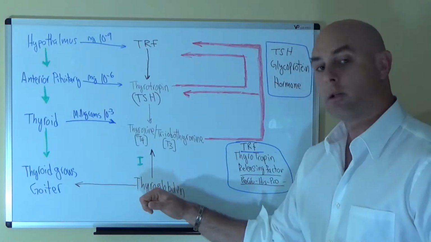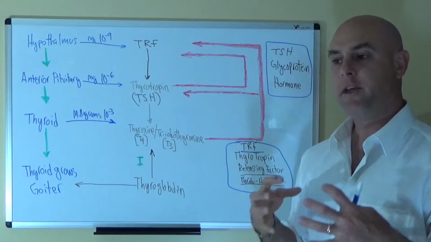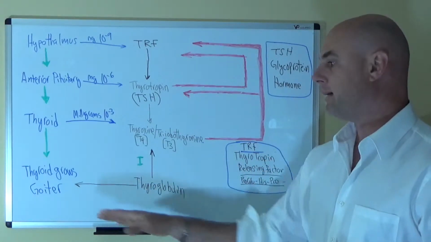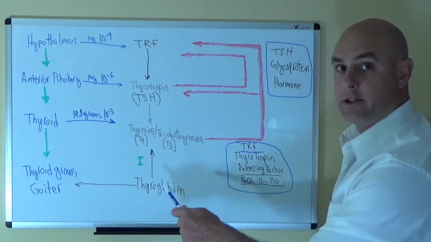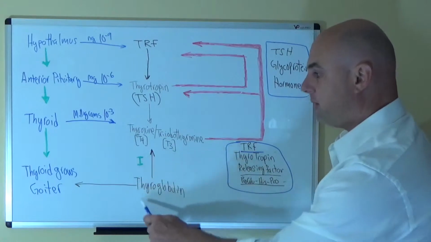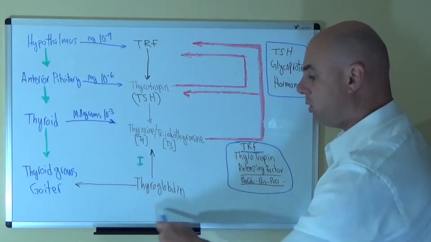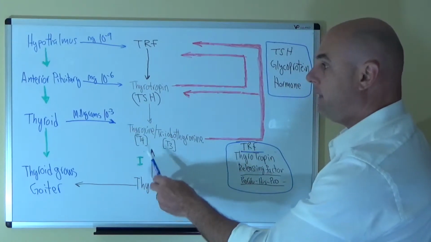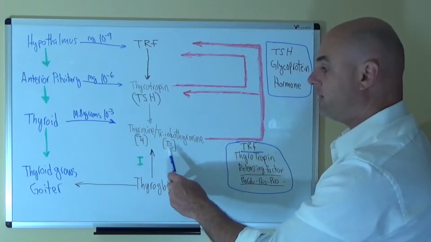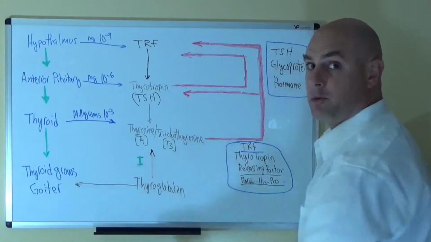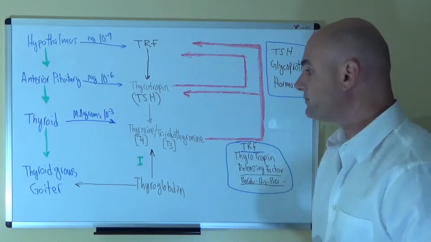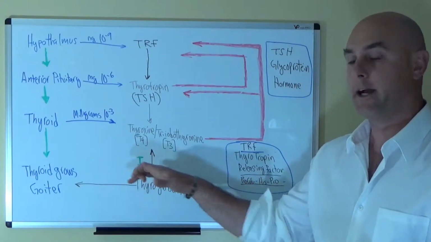But thyroglobulin makes up about 50% of protein by mass in the thyroid gland. So my speculation here is that the thyroid gland is producing more thyroglobulin in response to trying to produce T4 and T3. It can't, so it builds up and helps form a goiter. That's my speculation. So make sure you're getting enough iodine.